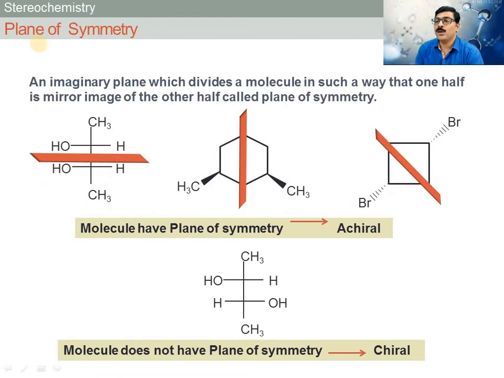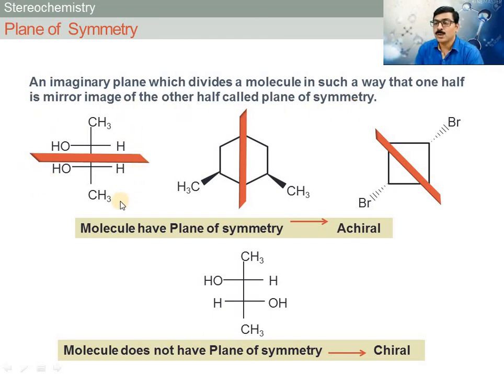Now, a plane of symmetry is an imaginary plane which divides the molecule in such a way that one half is the mirror image of the other half, and such a plane is called a plane of symmetry. Now let us see the first example.